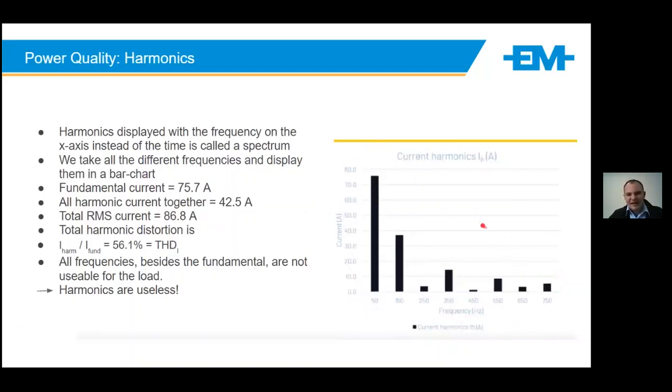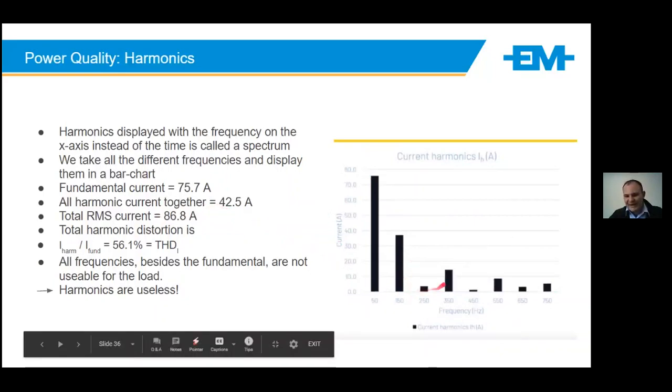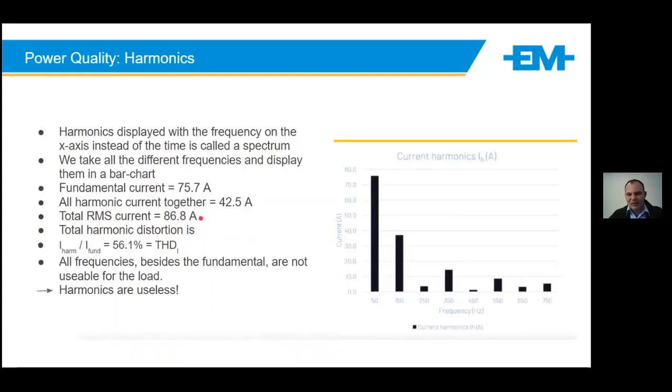In this case, we have the fundamental, which was 75 amps, and then all the other currents adding up based on their frequency. Depending on whether they're positive or negative, they're either adding up or subtracting from themselves. Then we get what we call the total RMS, or what I mentioned on the previous power triangle, the total kVA, including the harmonics.